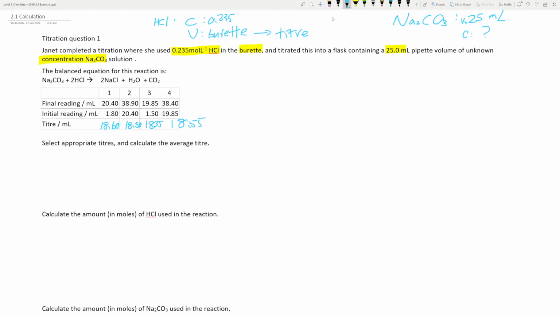Now, one really key thing, guys, is to make sure that your titer is rounded to 2 dp. If you look at all of the numbers that we've given you in the table, you can see that all of them end in 2 decimal places, because of the smallest scale that you can visually see on the burette.